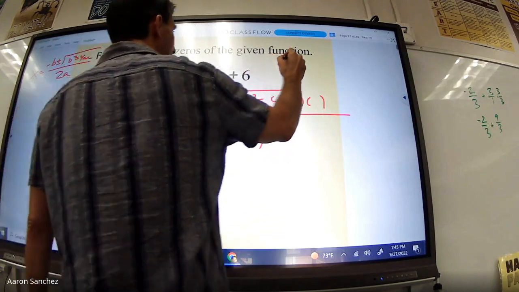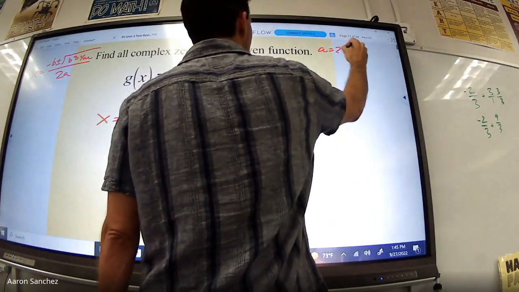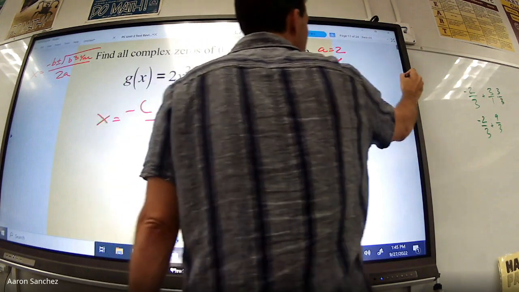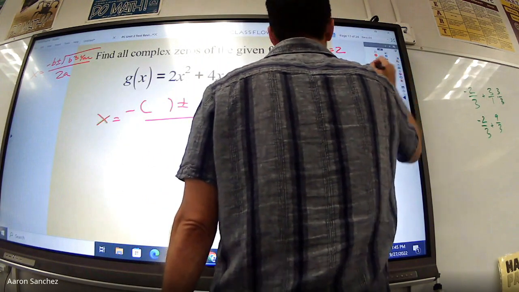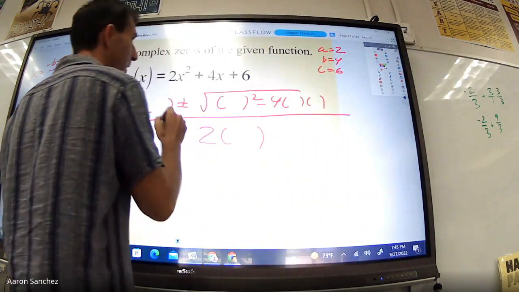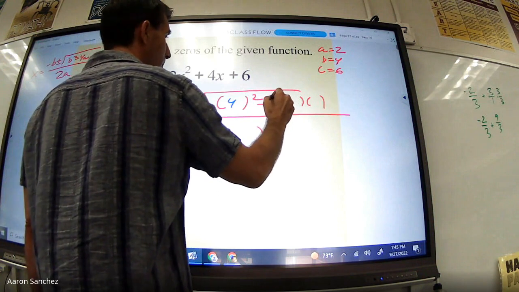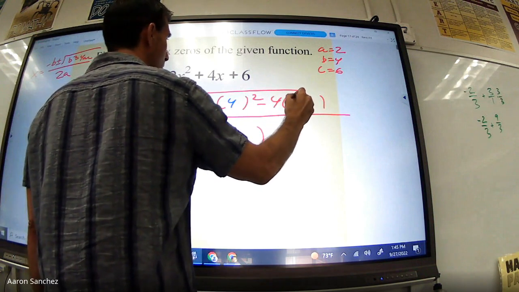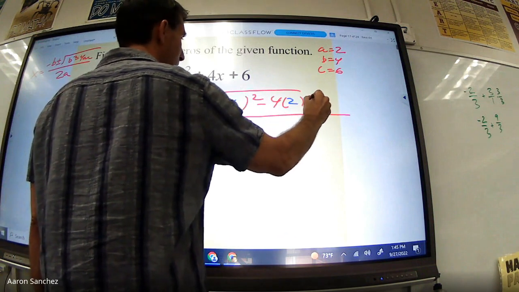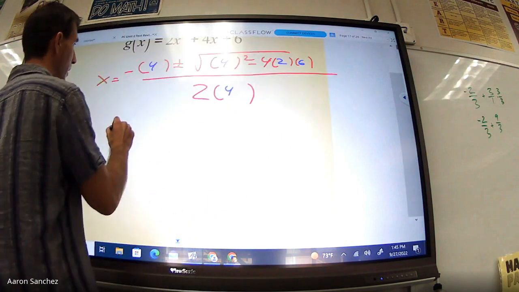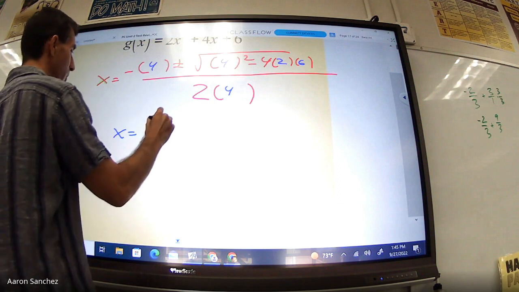Okay, my A is 2, my B is 4, my C is 6. Even though I didn't need to write it, I wrote it anyway. I got 4 squared minus 4a is 2, C is 6, 2a is 4. X equals negative 4 is negative 4.